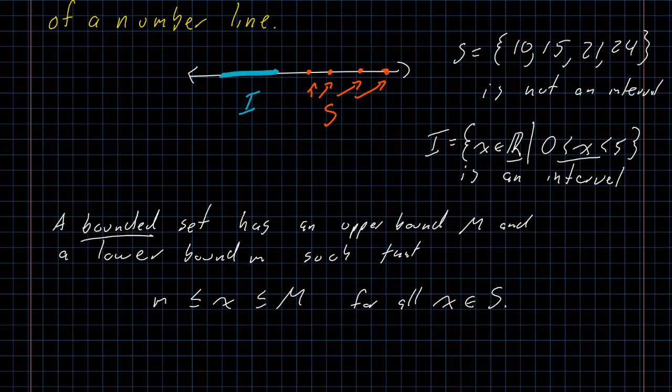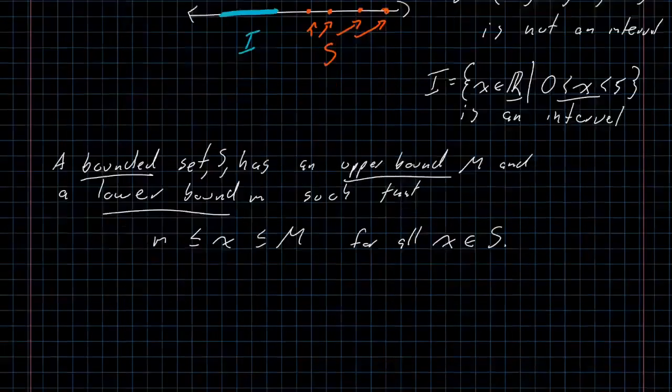A bounded set has an upper bound that I'm representing as capital M and a lower bound, which I'm representing as lowercase m, such that little m is less than or equal to x is less than or equal to capital M for every x in my set, which I had to name S, and I forgot to name as I wrote the definition out. Right. This is true for any set, not just an interval.